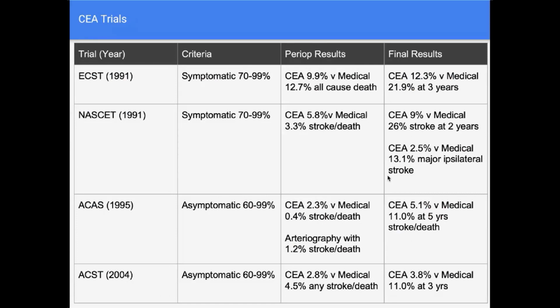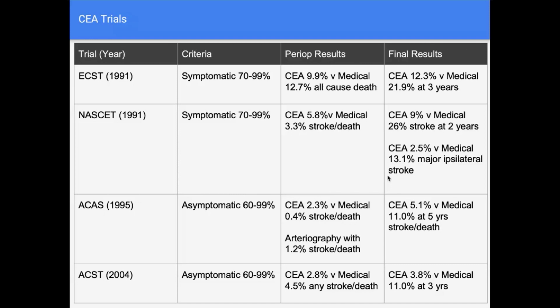But at 2 years, it was quite clear that there was quite a separation in terms of results. The carotid endarterectomy group had a 9% rate of stroke versus 26% at 2 years with the medical group, and 2.5% major ipsilateral stroke versus 13.1% major ipsilateral strokes in the medically managed arm.